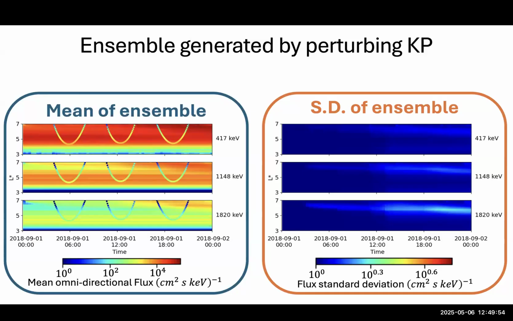I need to check later what happens if we have higher KP. Do we get more spread in the ensemble? But you can see that we're getting some spread in this region here. I'd be interested to know more about what people think about why it's in that particular region.